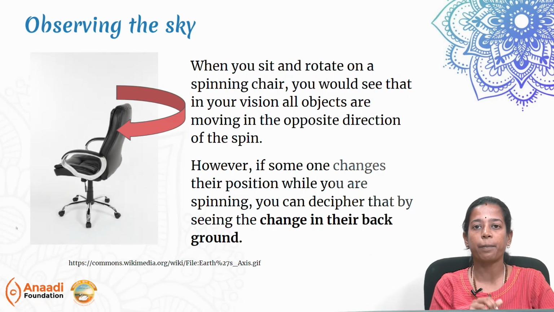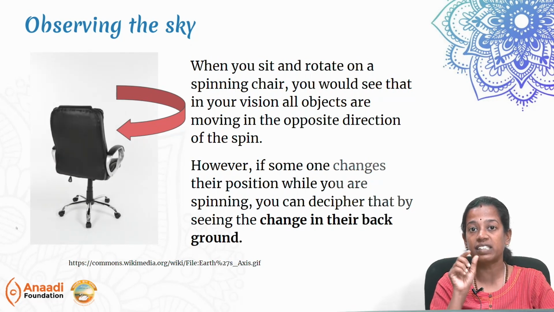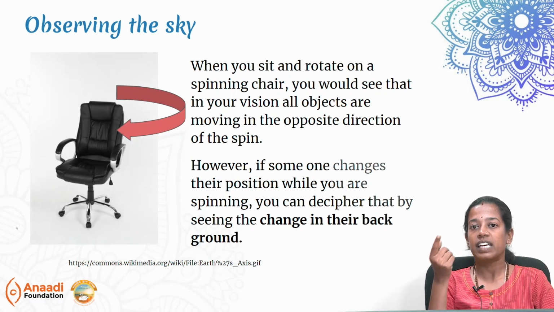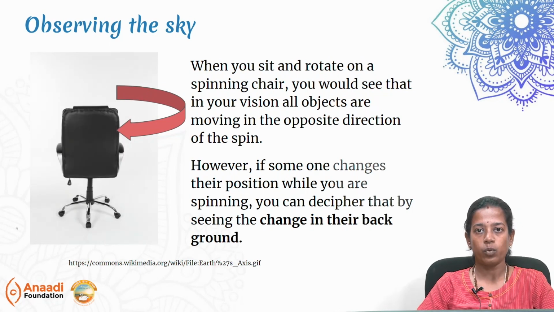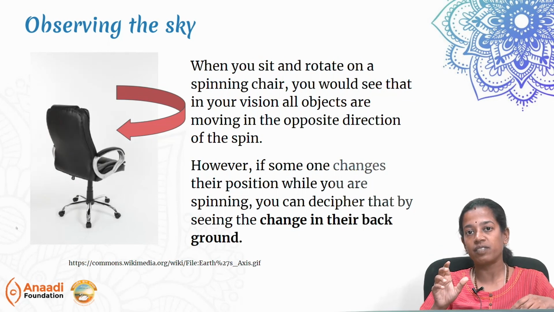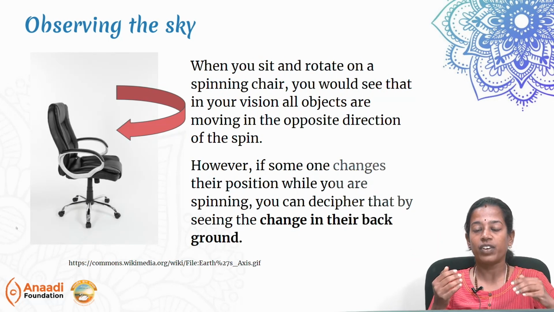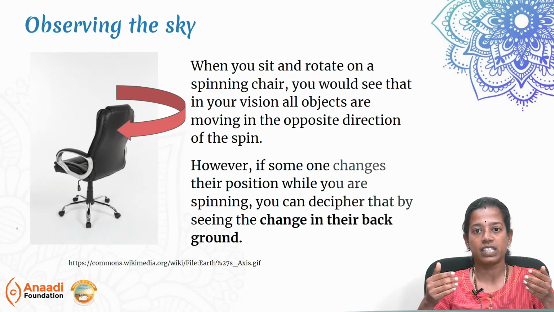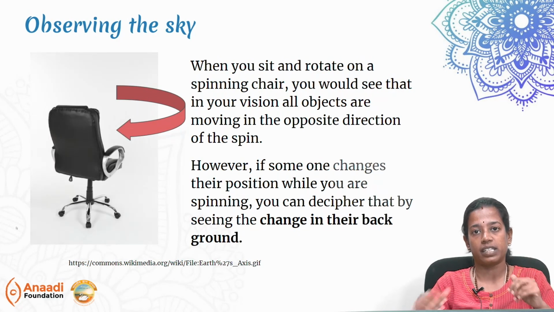That is the mapping we are using to identify whether he has moved from one place to another or not. So we are now clearly able to understand that to discern whether an object is moving or not, we will need a frame of reference where things are relatively constant.